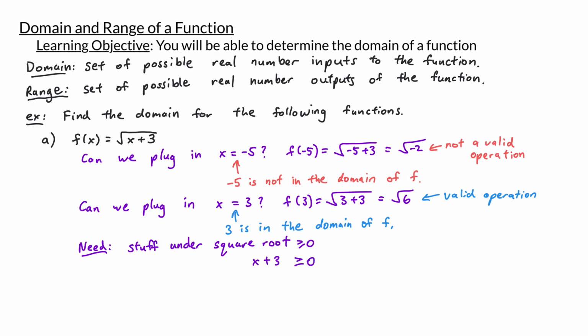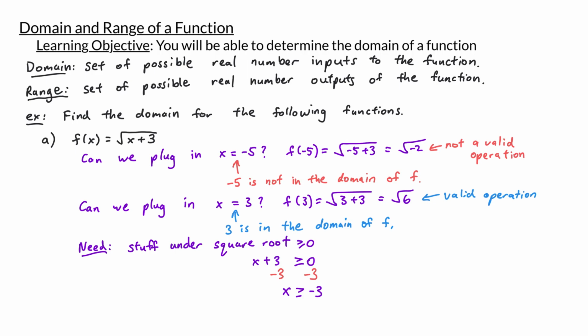This gives us an inequality that we can solve to find our domain. If we subtract 3 from both sides, we see that our x value must be greater than or equal to -3. So as long as my input x is greater than or equal to -3, the stuff under the square root will be greater than or equal to 0, which means we can perform all of our operations.